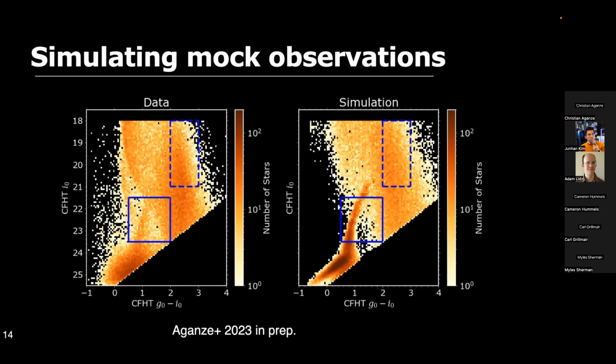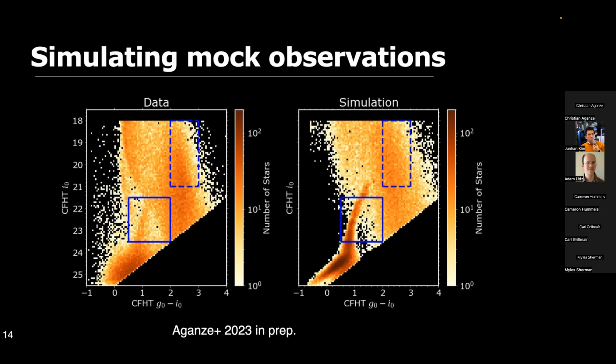So let me walk through this plot here. This is another CMD plot, but this is in G minus I versus I. This is the data from PAndAS in the south simulations. And the color code is the number of stars. And then each one of these rectangles is where we scale the total number that we put in the image.